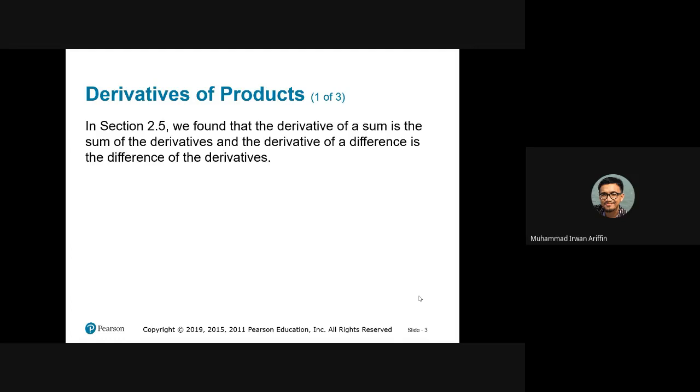This is nothing but, yes, we are saying that if we have f of x equals g of x plus h of x, this is a sum. So how do we find f prime of x?